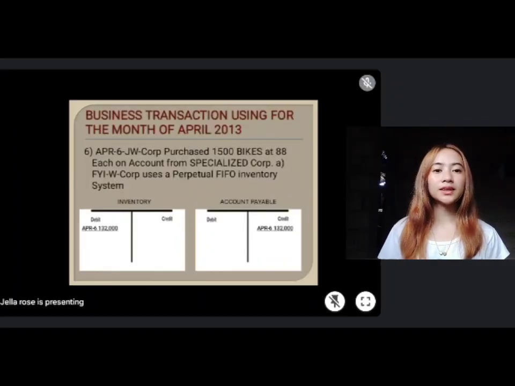On April 6, the transaction increased the asset because the JW Corp purchased 1,500 bikes at 88 each, which is the inventory, 132,000 debit, and the liabilities increase because it is on account, which is accounts payable, 132,000 credit.